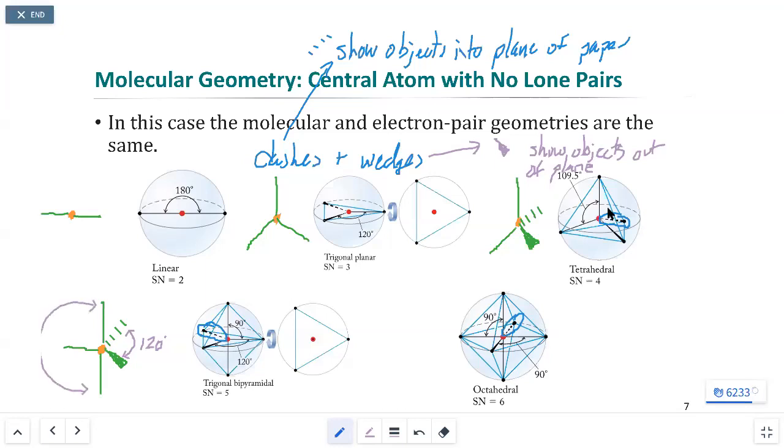And these two positions are still 180 degrees apart, like what we would expect out of a line. The connection between the two is at a right angle, 90 degrees.